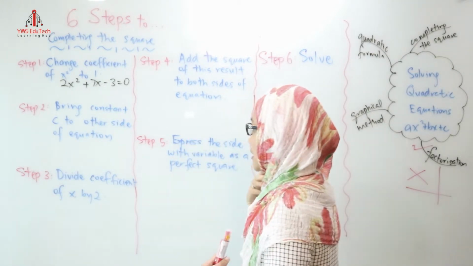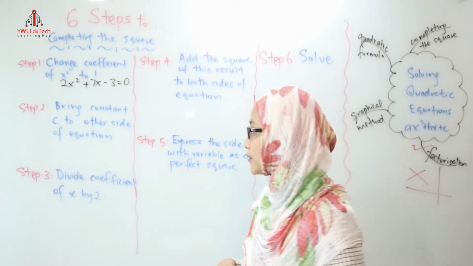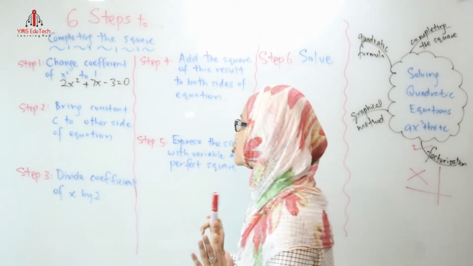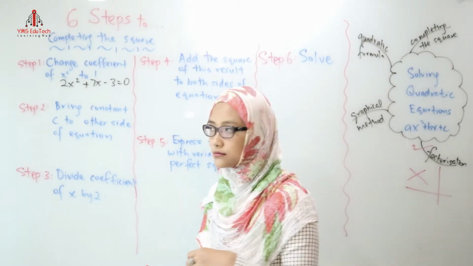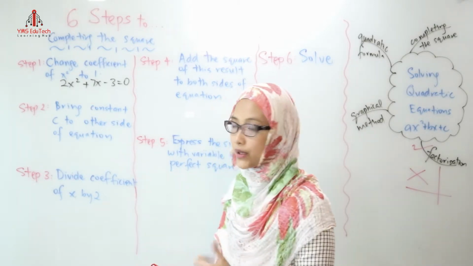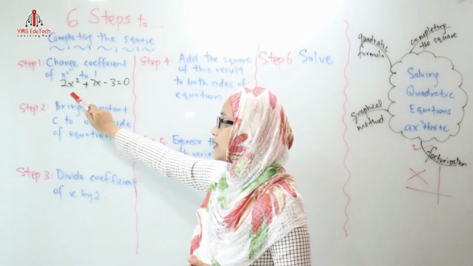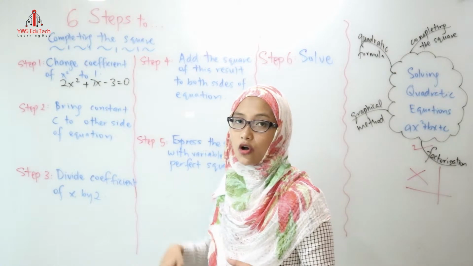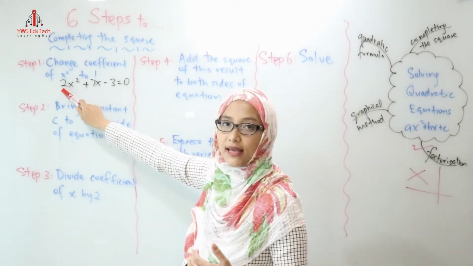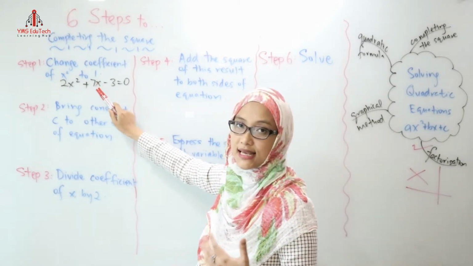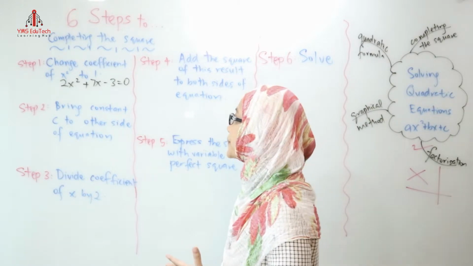Before we go into solving the equation via the 6 steps, let us familiarize ourselves with the terms. This is our quadratic equation. The x squared and the x are what we call variables. The numbers in front of the x squared as well as the x, we call coefficients.